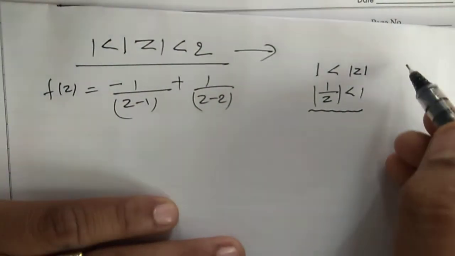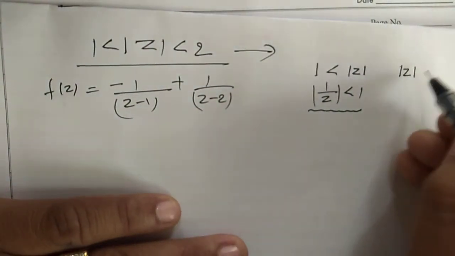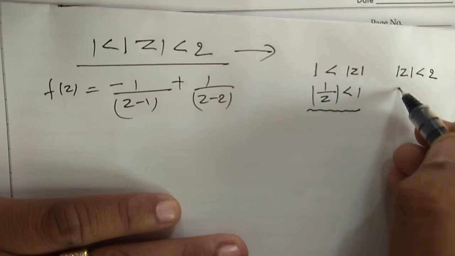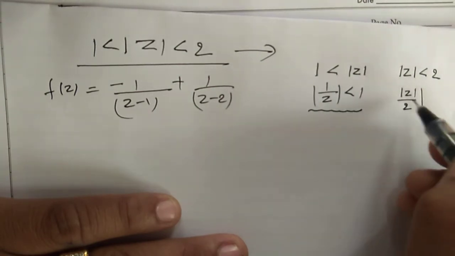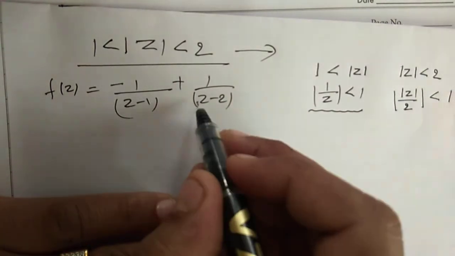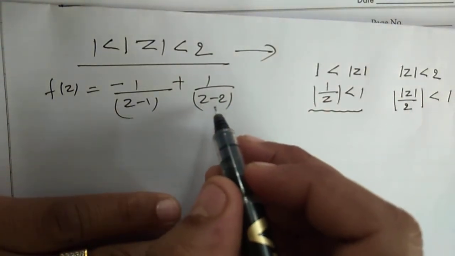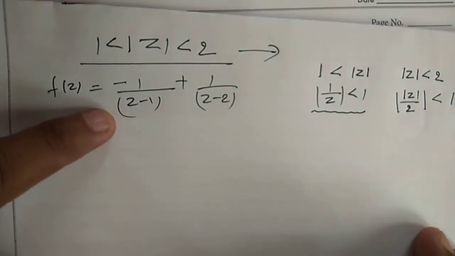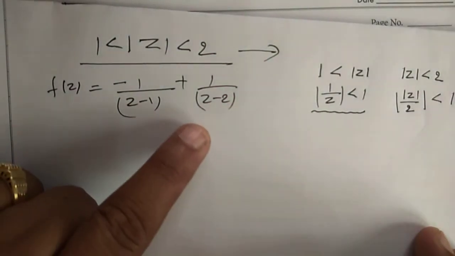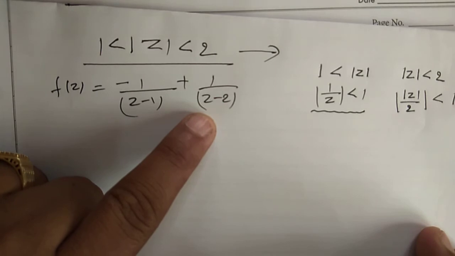For the second one, |z| < 2, so |z|/2 < 1. So for the second part, you have to take z/2, meaning you take the 2 common. For the first term we take z common and get 1/z, and for the second we take 2 common so we get z/2 less than 1.